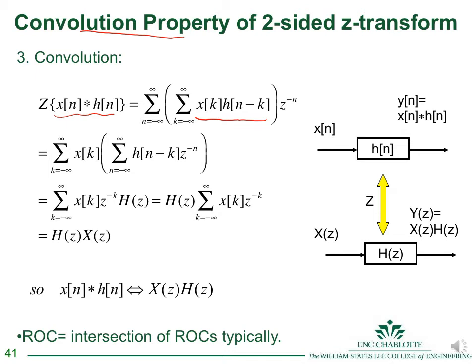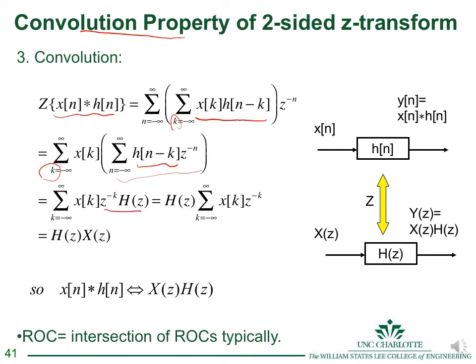So the sum over k is going to come up front, and we'll put the sum over n on the inside. And we can see right away that this is the Z transform of a delayed version of h. And so we can use the delay property. That's just z to the minus k H of z. And the x of k summation is still left up front.